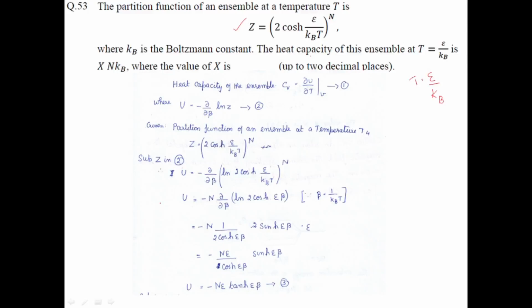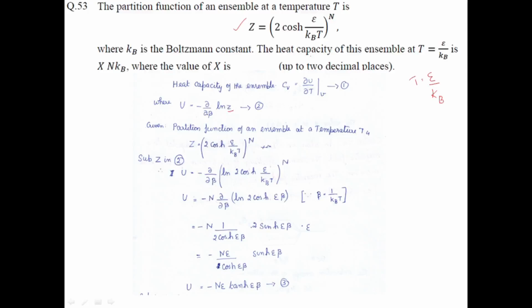The heat capacity of the ensemble is given by the formula Cv is equal to dou U divided by dou T at constant V. So we need to find the value of U. U is equal to minus dou by dou beta ln of Z, and Z is nothing but the partition function.